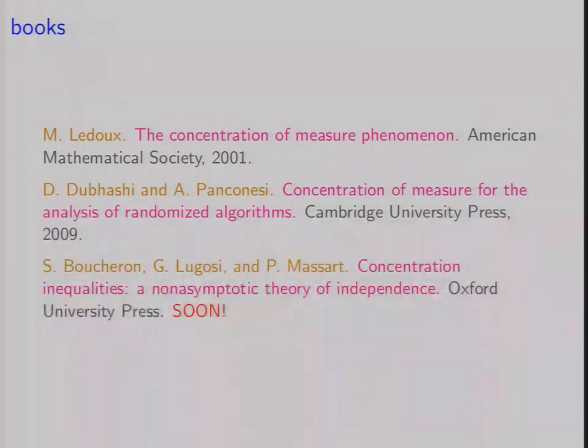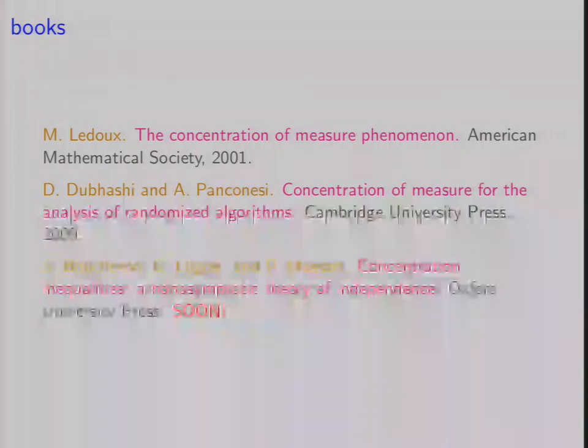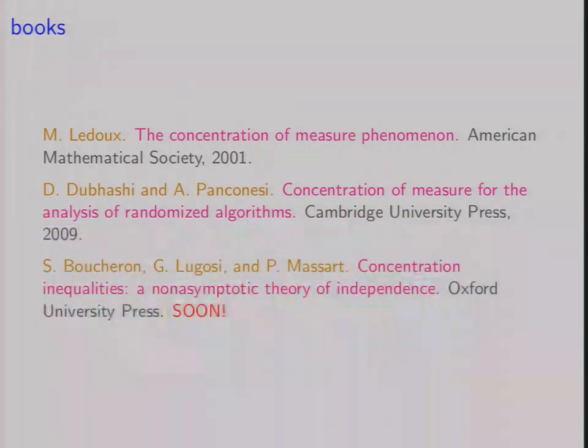Here are some pointers to the literature on concentration inequalities. There's, of course, a huge literature. There are some books on this. Michel Ledoux wrote a book about 10 years ago, The Concentration of Measure Phenomenon. This is a very mathy book, so it has a lot of geometry and the isoperimetric point of view.